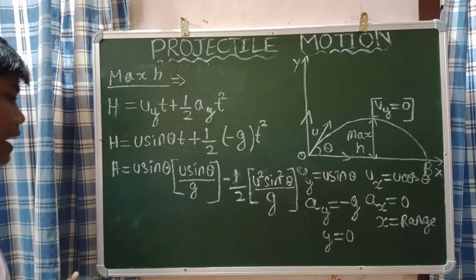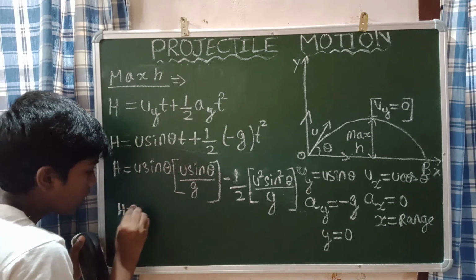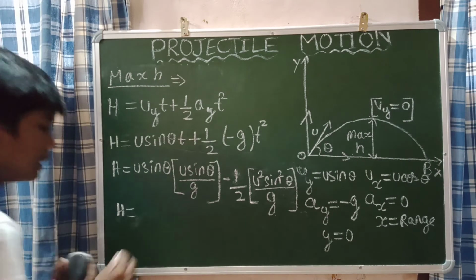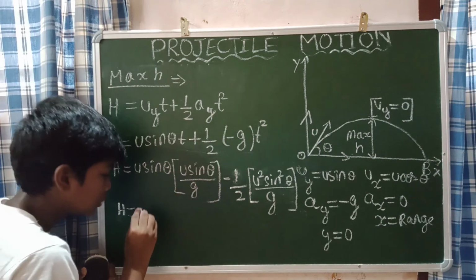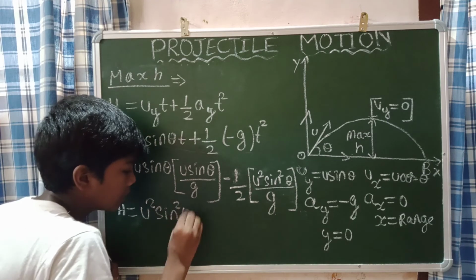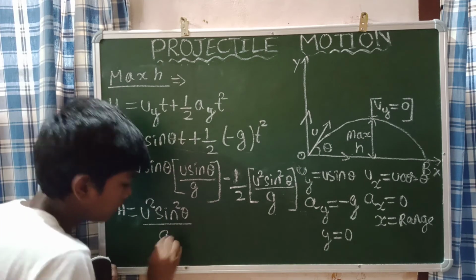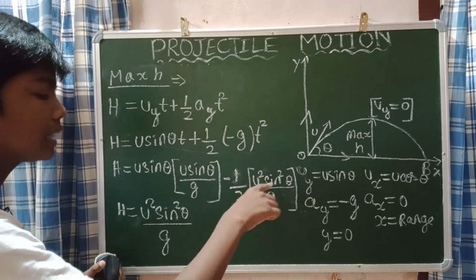Now tell me one thing, guys. The height is equal to u sin theta into u sin theta divided by g, which is u square sin square theta divided by g, minus half into u square sin square theta divided by g.